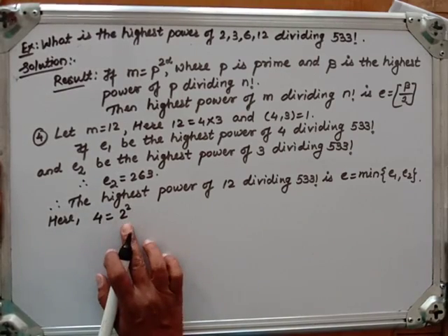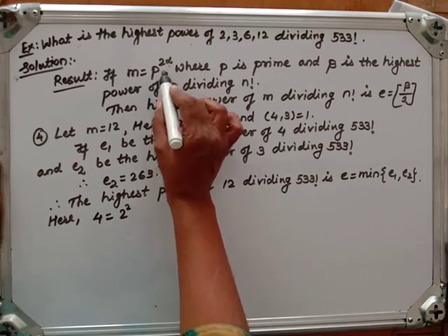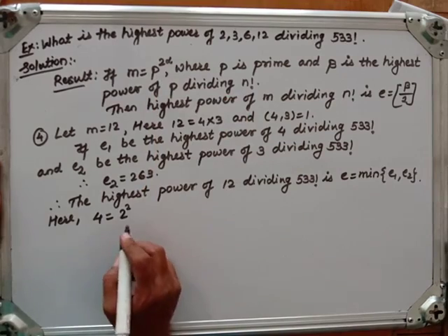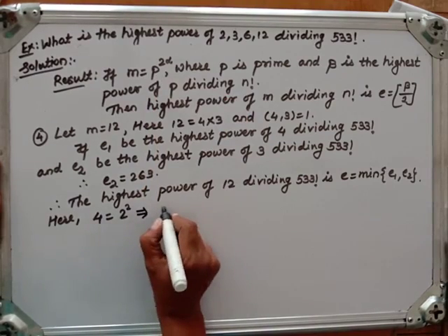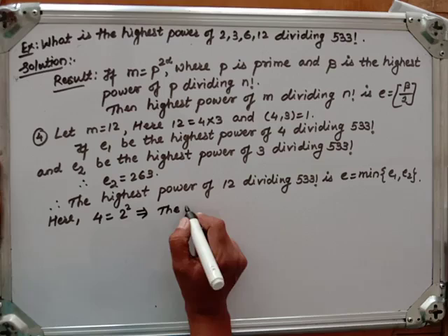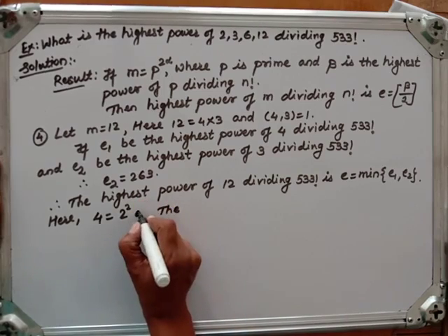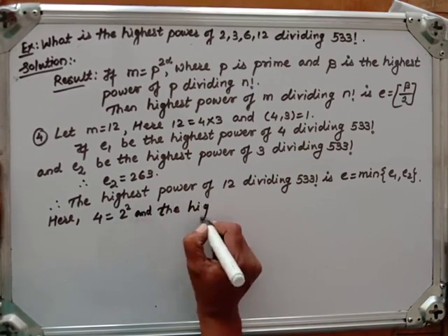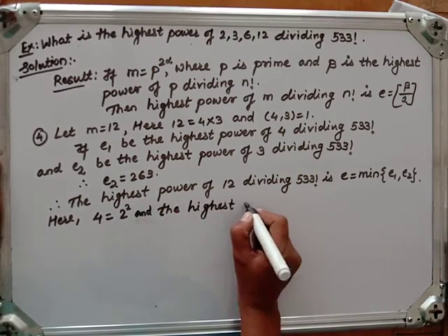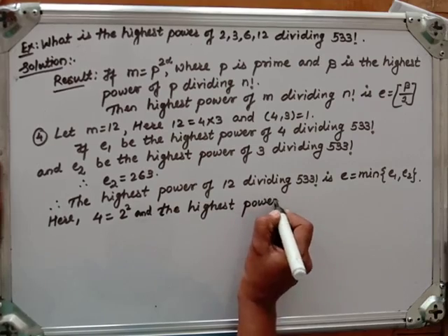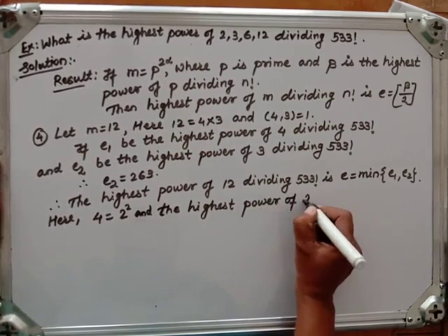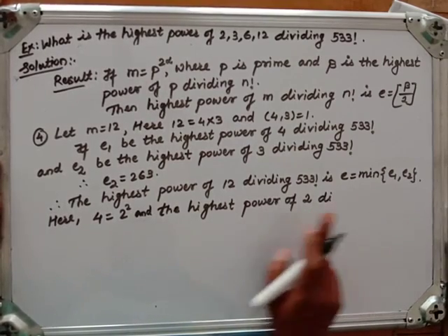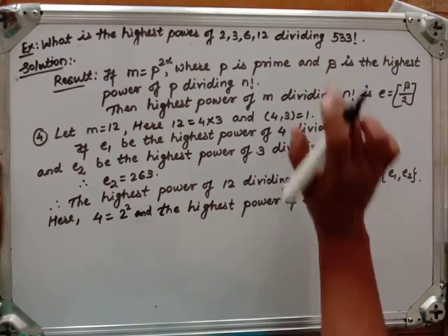So 2 is a prime and we had written it in terms of prime raised to 2 alpha. There, the highest power of that prime dividing n factorial we need to obtain. That will be our value of beta.